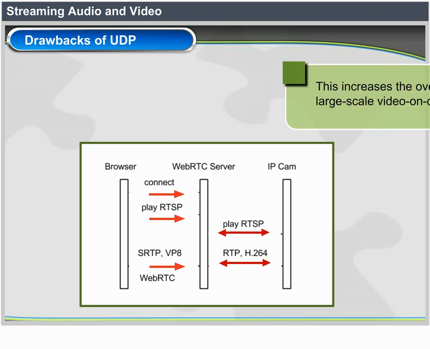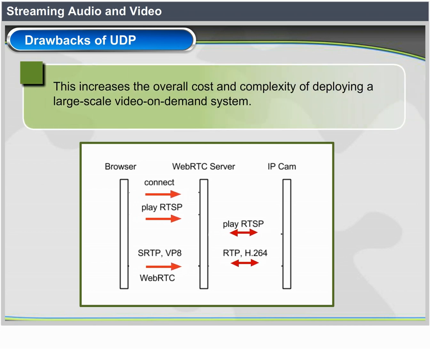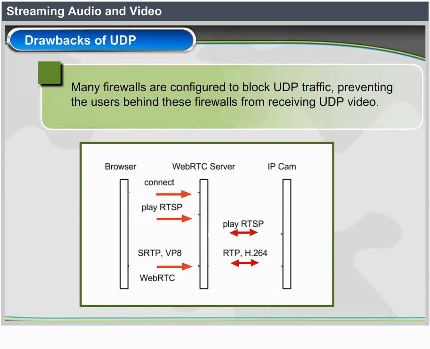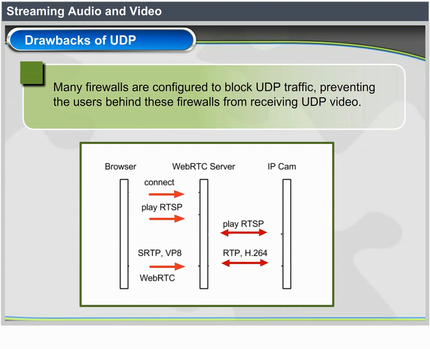This increases the overall cost and complexity of deploying a large-scale video on-demand system. Many firewalls are configured to block UDP traffic, preventing the users behind these firewalls from receiving UDP video.